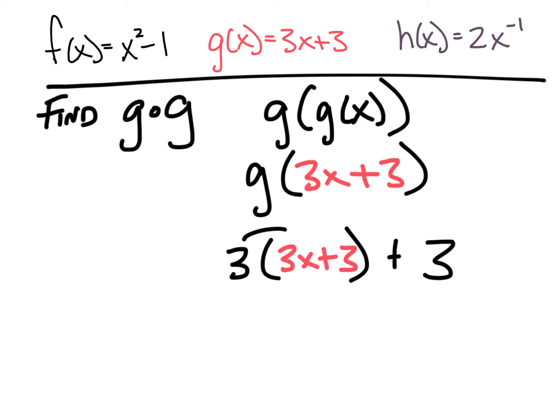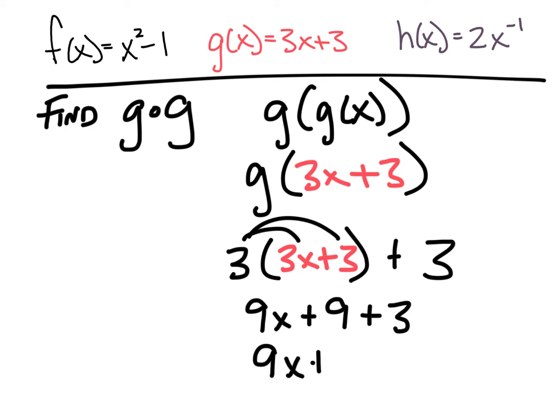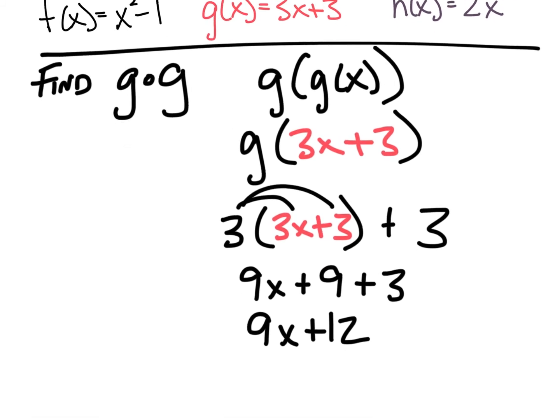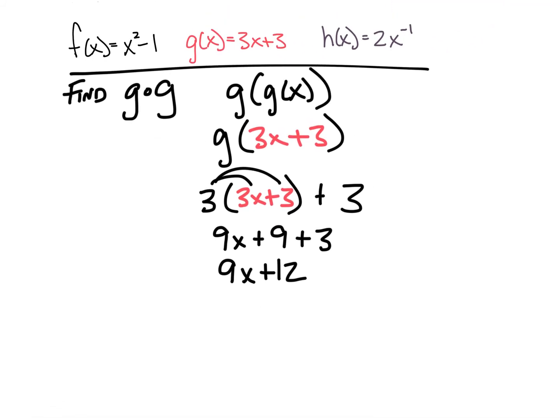Now just distribute this. We have 9x plus 9 plus 3, which is 9x plus 12. All right, so 9x plus 12, that's just a linear function. Linear functions have a domain of all real numbers.